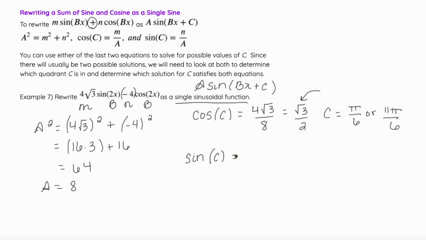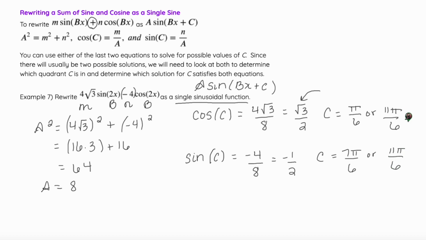Sine of c is n over a. Negative 4 over our a value is negative half. So where is sine negative half? Sine is negative half at 7 pi over 6 as well as 11 pi over 6.